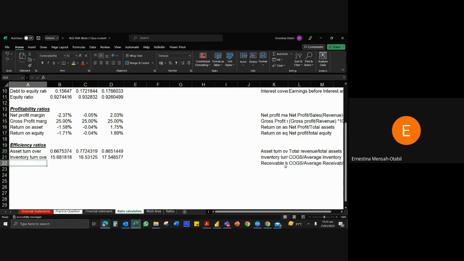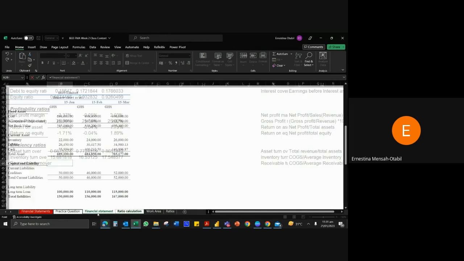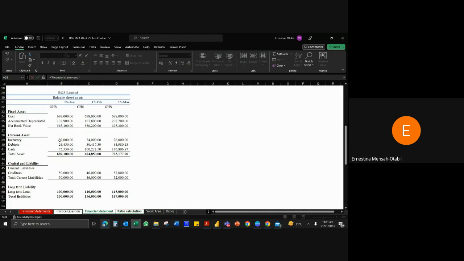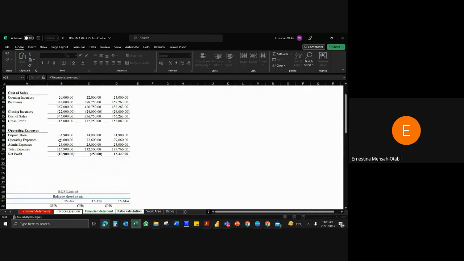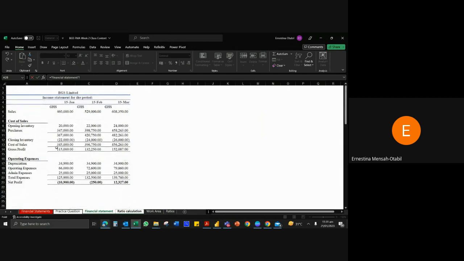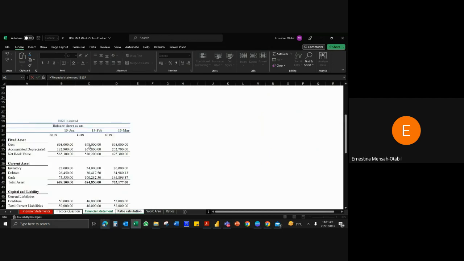So, equal to cost of goods sold. Cost of goods sold is the same as the cost of sales, over the receivables.